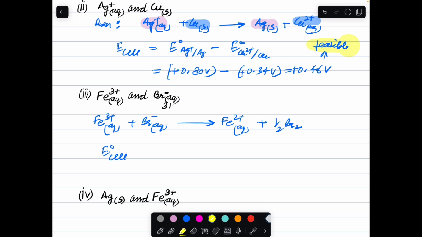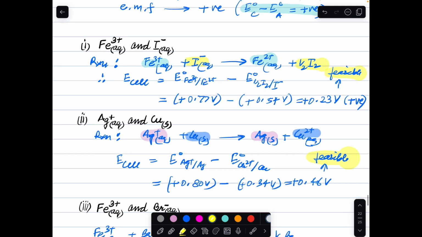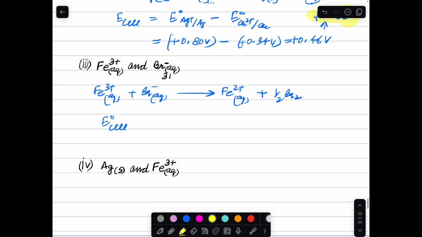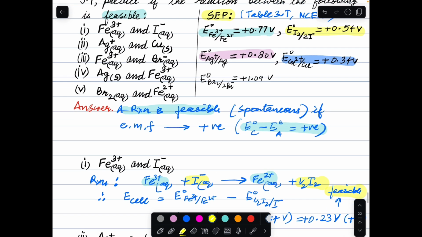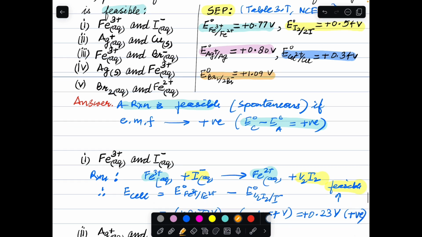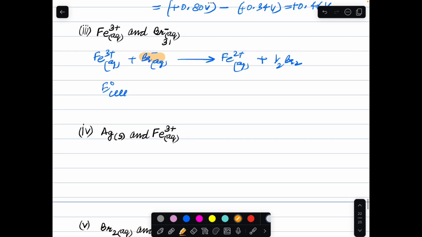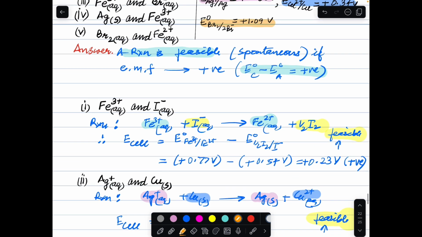Now for iron we have already the value, and for the bromide one we will mark the value. So this is the value for your bromine. Therefore we will write down here in the same manner. So this is bromide ion to bromine molecule, and for iron already we have the value here.